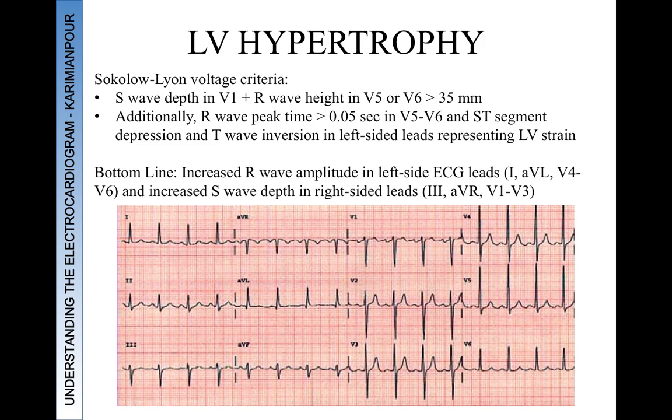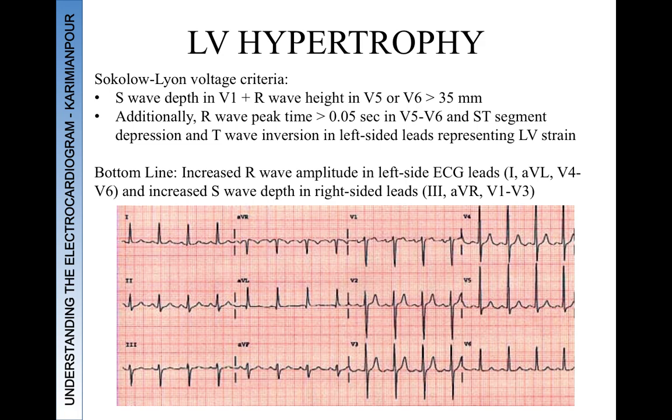So V4, 5, 6 will have greater voltage in the R wave, because the electrical current is traveling toward those leads with greater force. So you have taller R waves in V4, 5, 6. And V1 and V2, which are sitting on the right side, see all of that electrical current going away from them with great force, so they have deep S waves.